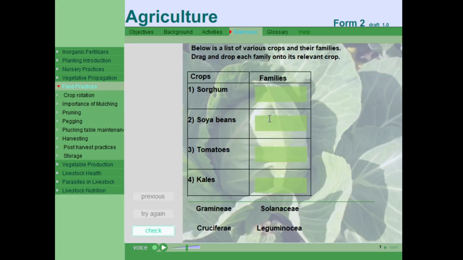Below is a list of various crops and their families. Drag and drop each crop onto its relevant family.